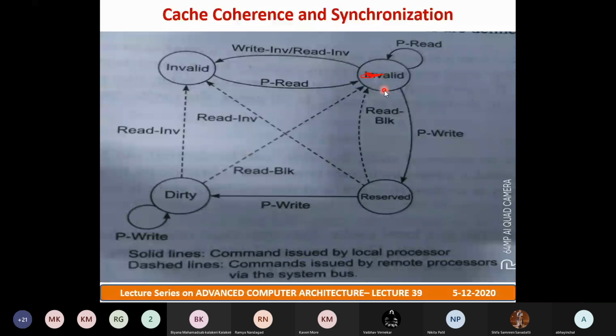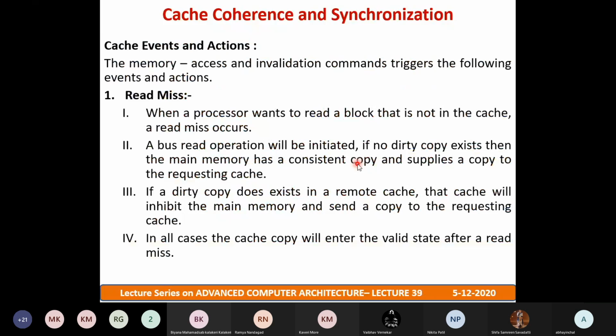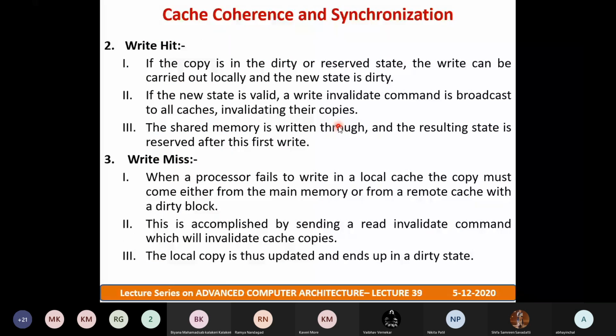This is when it is invalid. A write invalidate command is sent to all the processors. So whenever a write invalidate command is sent, all caches are going to invalidate their copies.